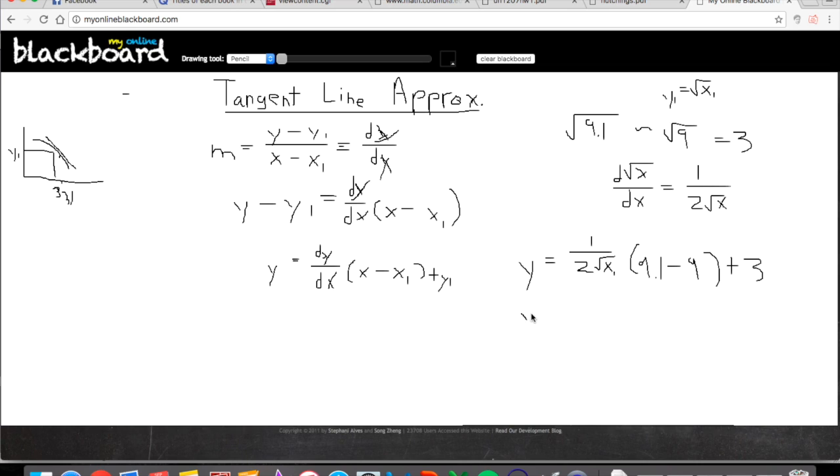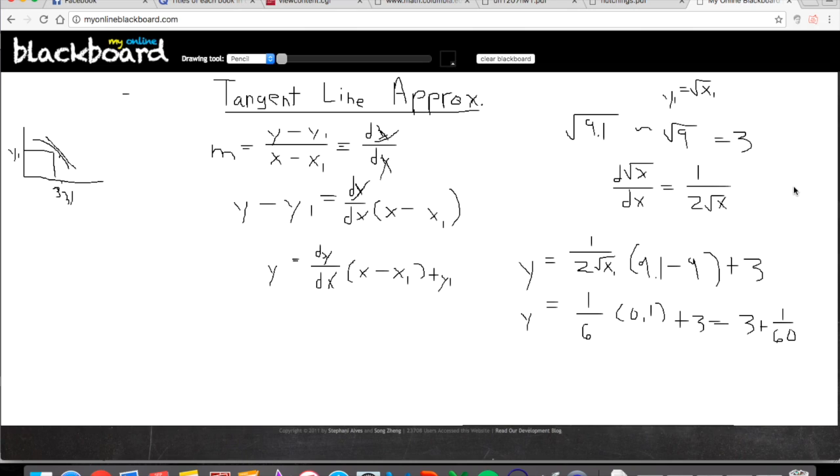So y is equal to 1 over 2 times radical 9, and radical 9 is 3, so you have 1 over 6, multiplied by 0.1, or 1 over 10, plus 3. 1 over 10 times 1 over 6 is 1 over 60.